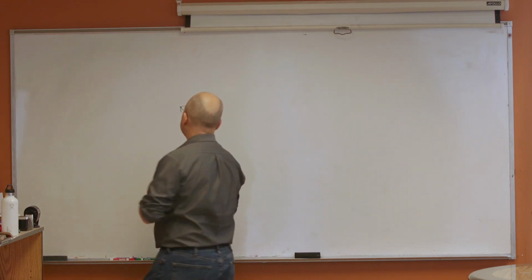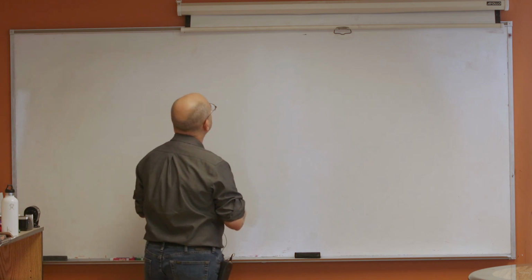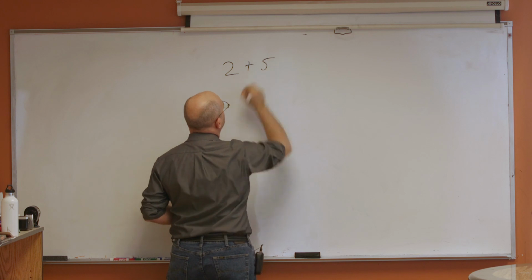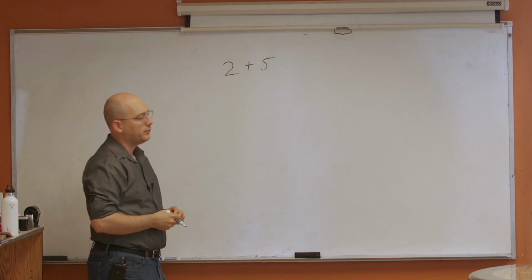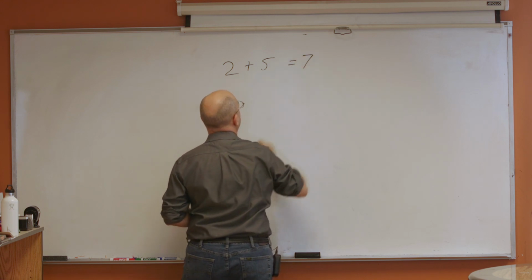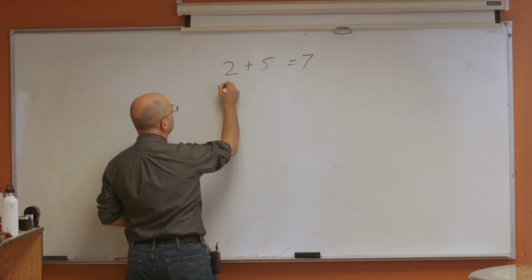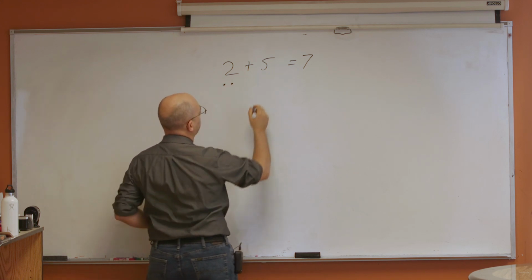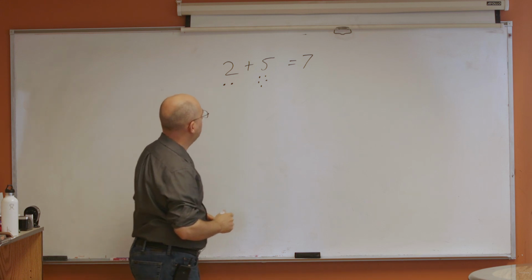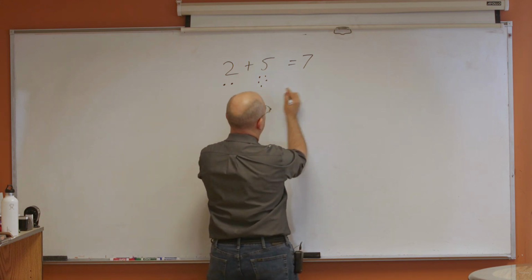So, 2 plus 5. What is that? 7. So we write equals 7. And going back to basics, we have 2 dots for 2, 5 dots for 5, and then addition is putting them together.